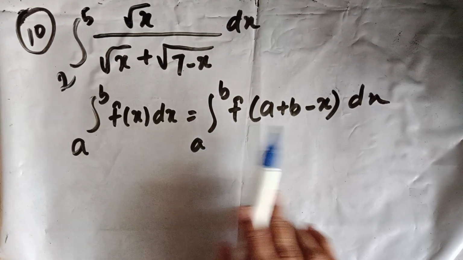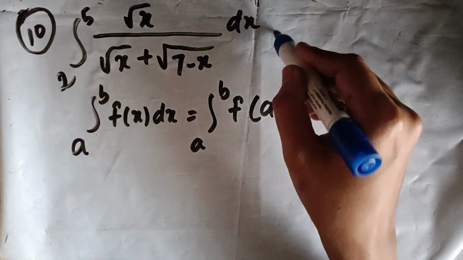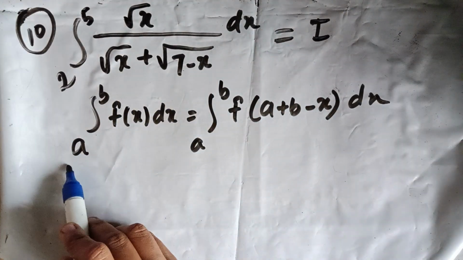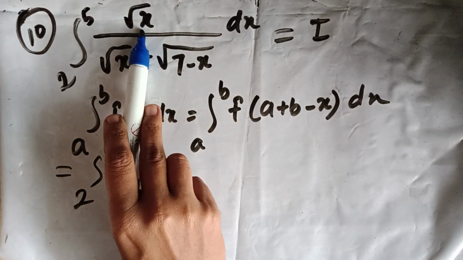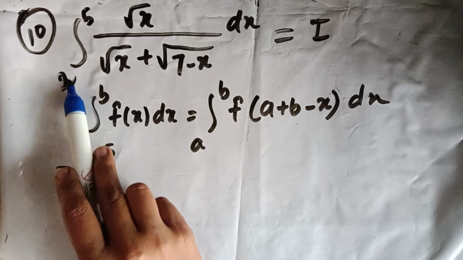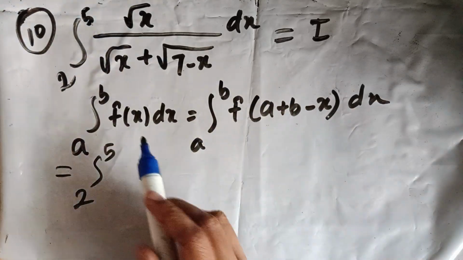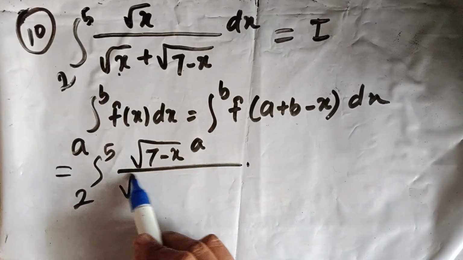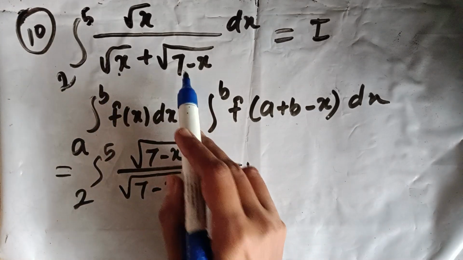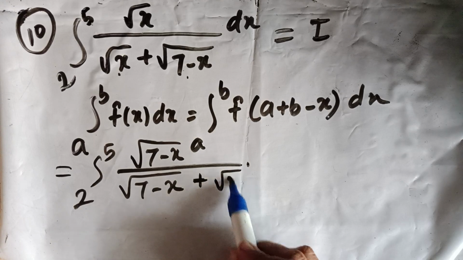Okay, so if I use this property, this becomes this, I'll write it as I. Okay, so this gets converted into root x, that is a plus b, 2 plus 5 minus x you have to write. So 7 minus x. Okay, here also same thing, 7 minus x, and here it becomes root x.